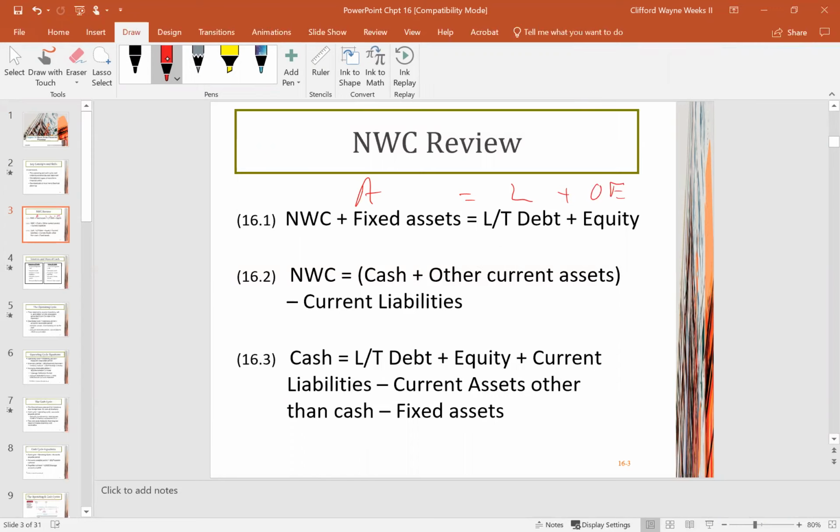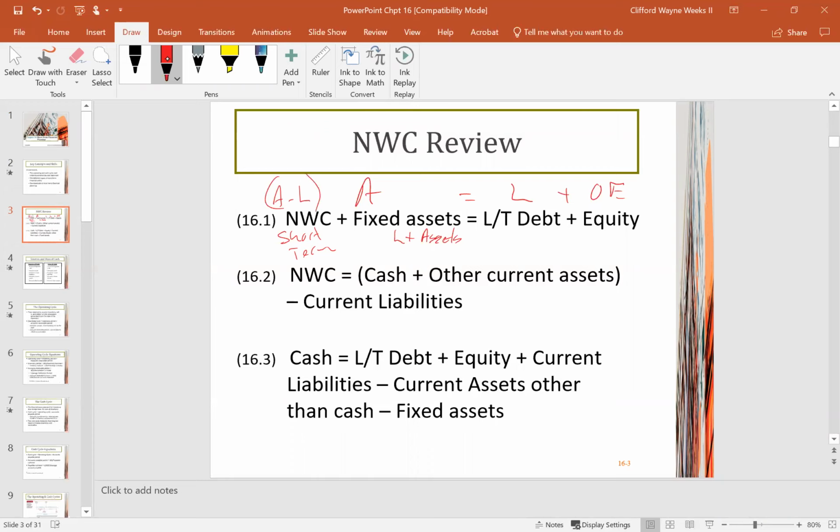Basically what we're doing here is taking out the long-term assets, and then we're going to look at short-term. In reality, what we've done is take the short-term assets, subtract our liabilities, right?